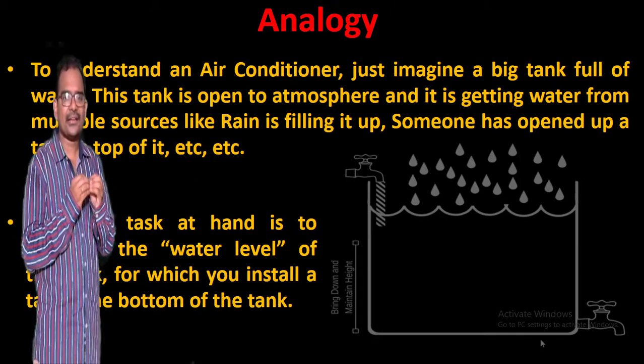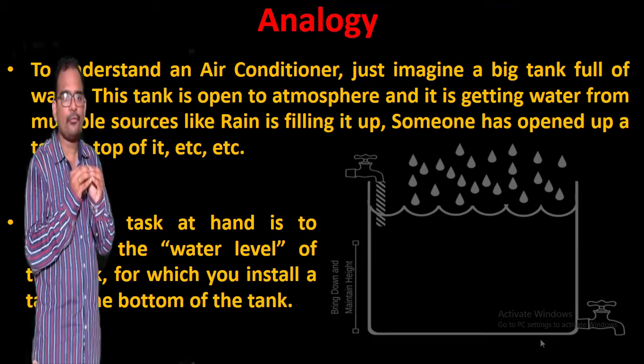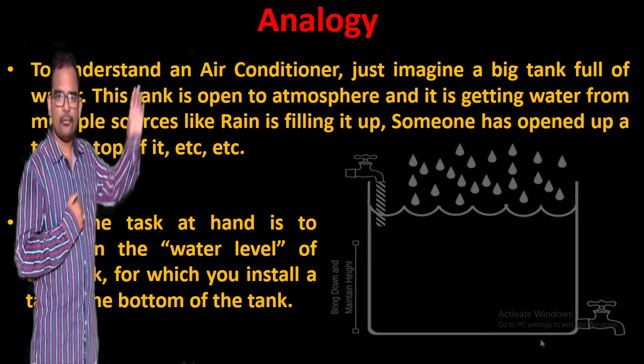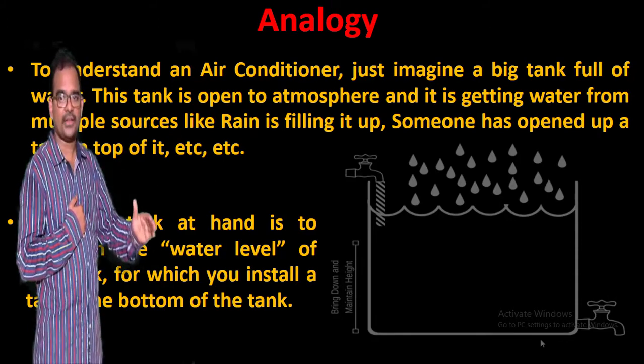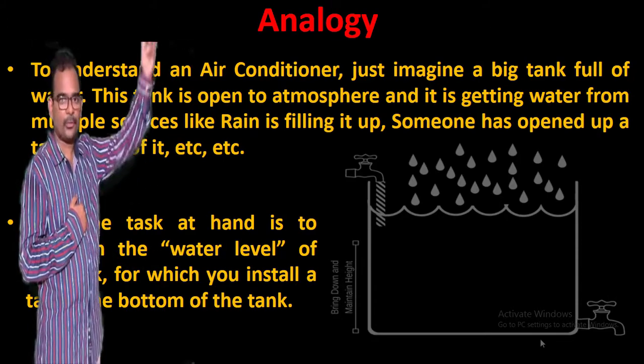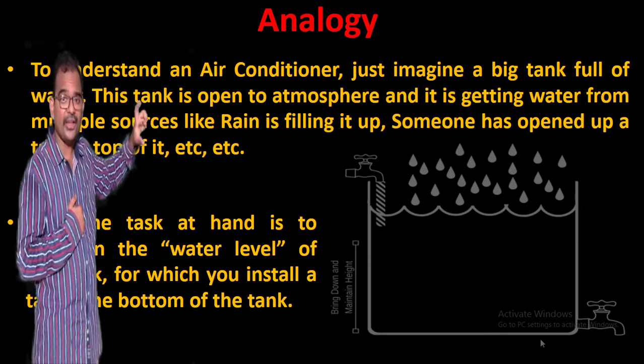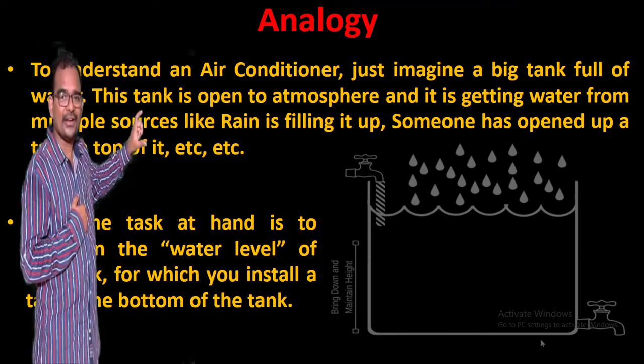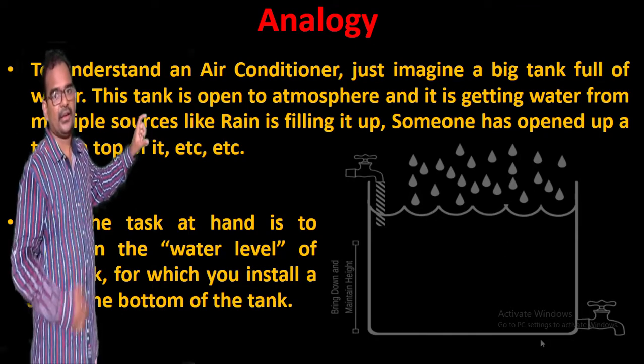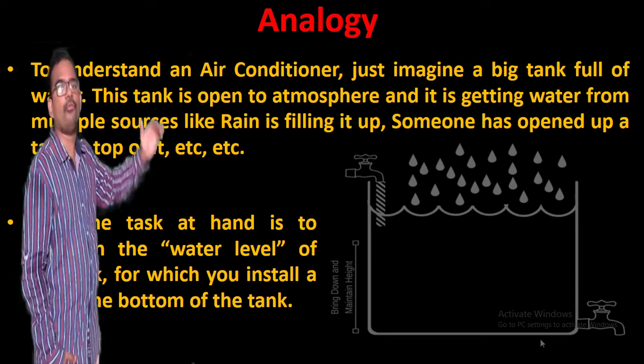Now the task at hand is to maintain the water level of the tank. So the water starts coming into the tank from multiple sources, maybe from rain or from the tap at the top or some other reasons. But we need to always maintain the water level inside the tank irrespective of the inflow of water.